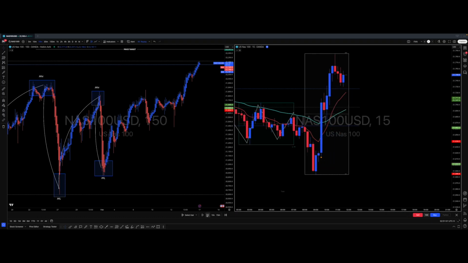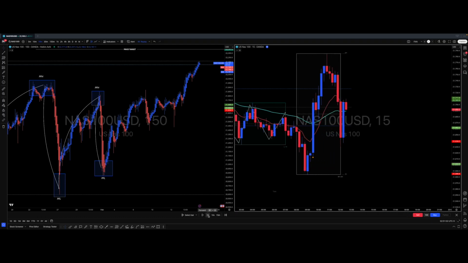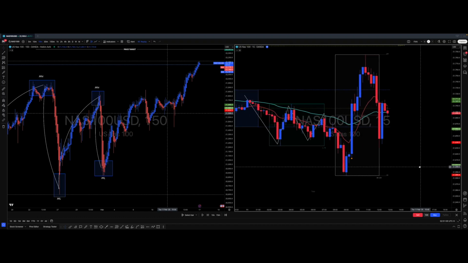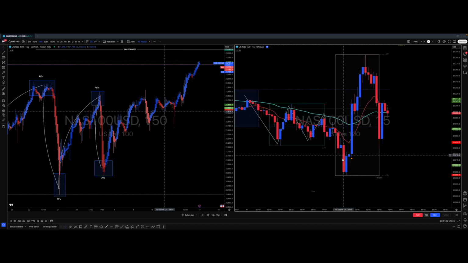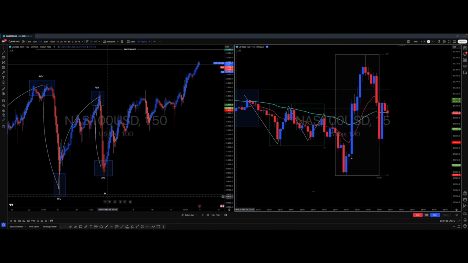My question to you is, what exactly did you miss out on? What plan would you have had to get into this trade, based on the rules that we have for trading London or the US session? This would not have been a trade setup here during the US session.